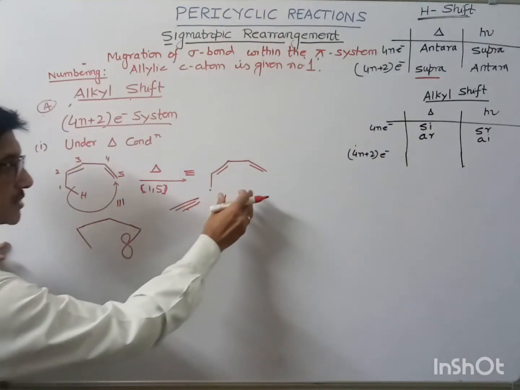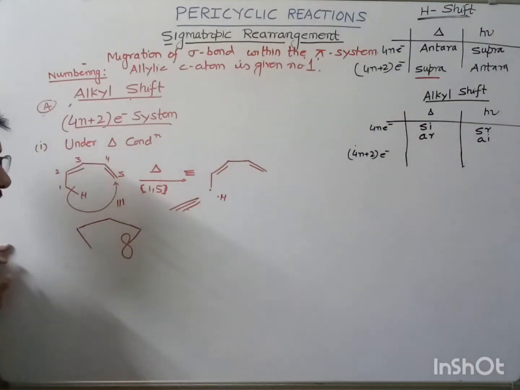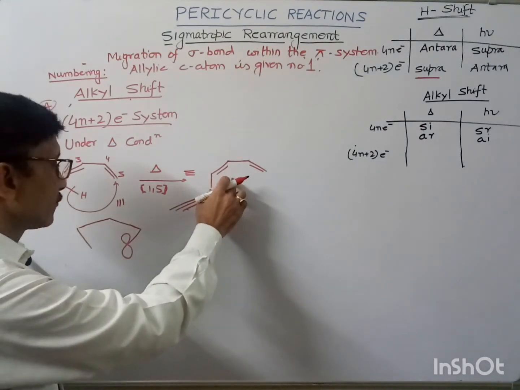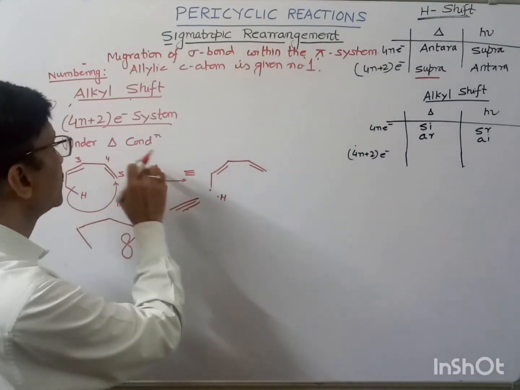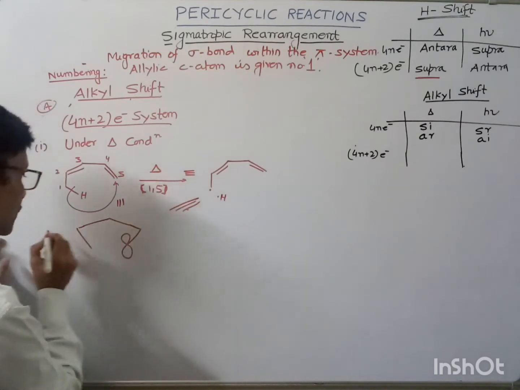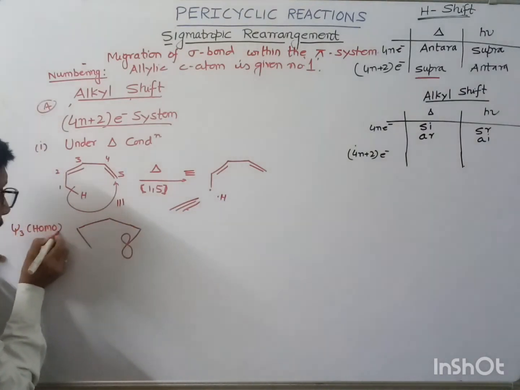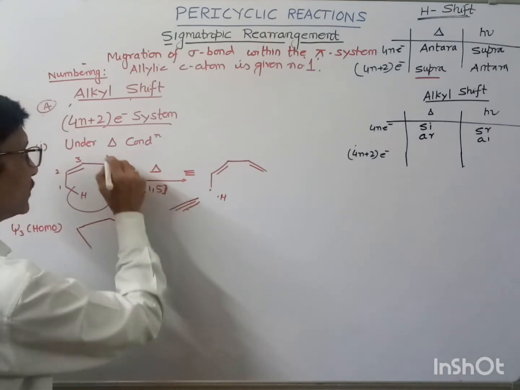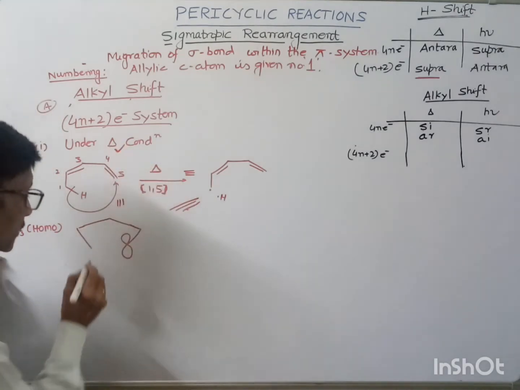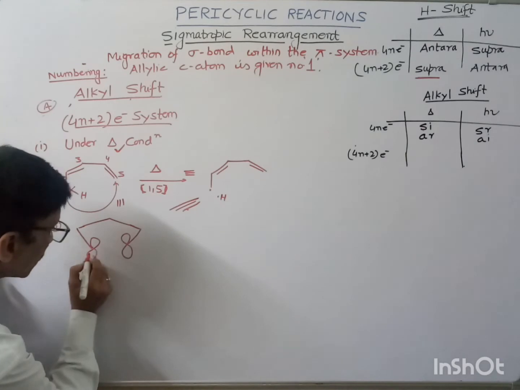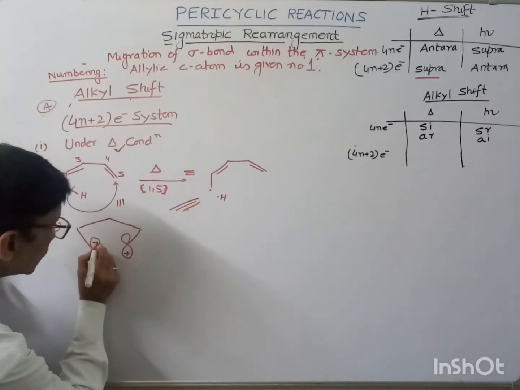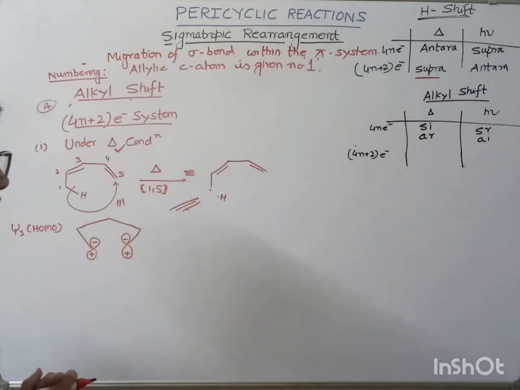So this is the pentadienyl radical, and for the pentadienyl radical, what would be the HOMO? The HOMO under thermal condition would be Psi3. We are studying under thermal condition. So Psi3 means the lobe should have the positive sign. Clear?